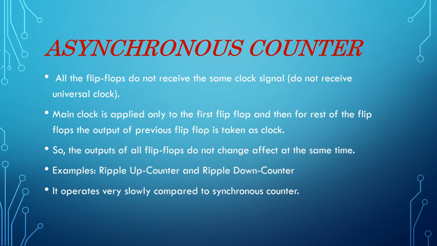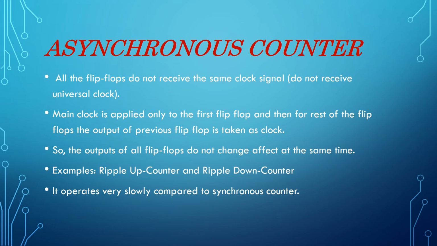Whereas for the second flip-flop, even though the first flip-flop changes from low to high, the second flip-flop may or may not change its output with respect to input, because the second flip-flop doesn't have the same clock signal which is applied to the first flip-flop.